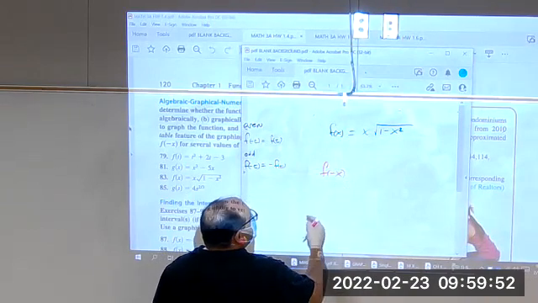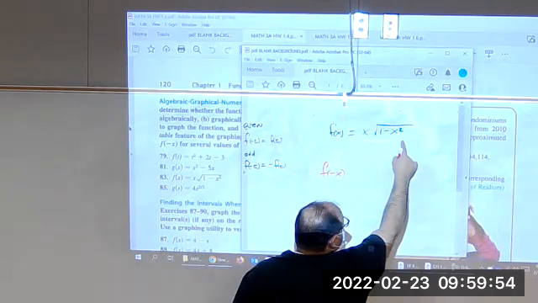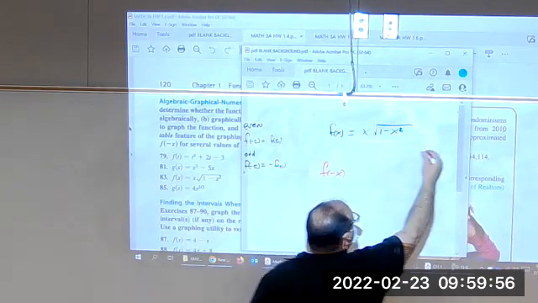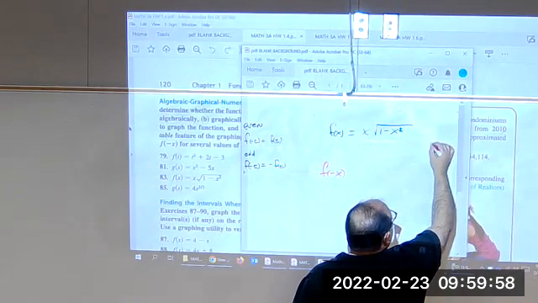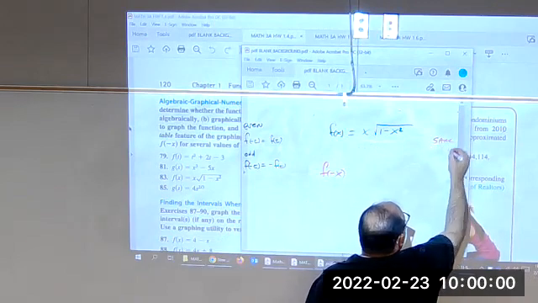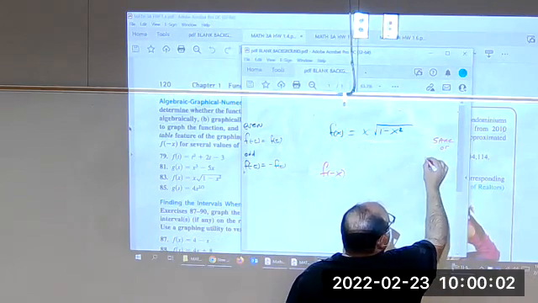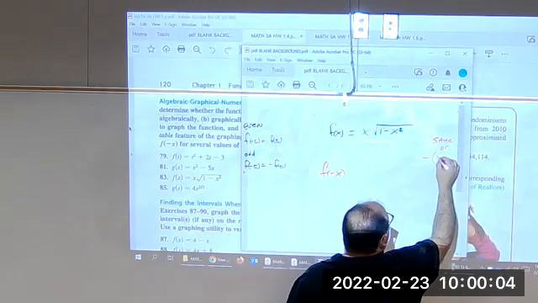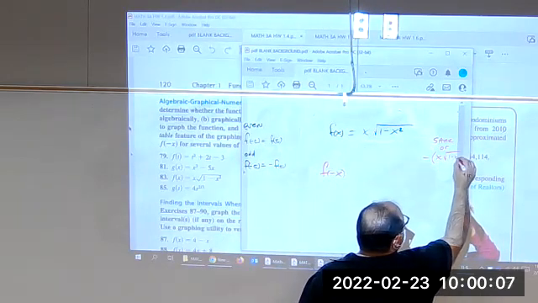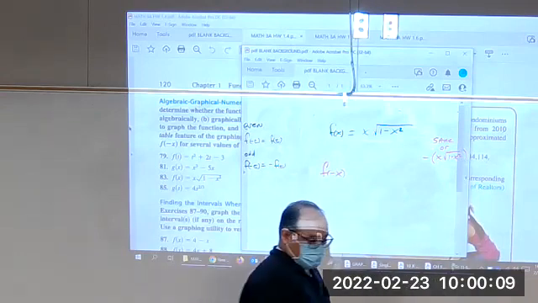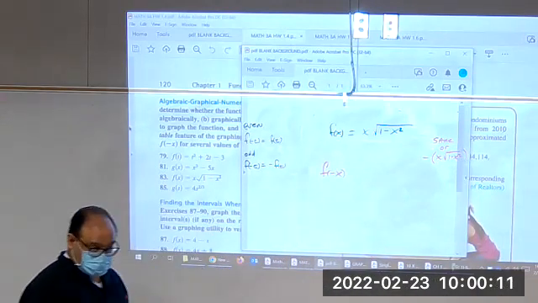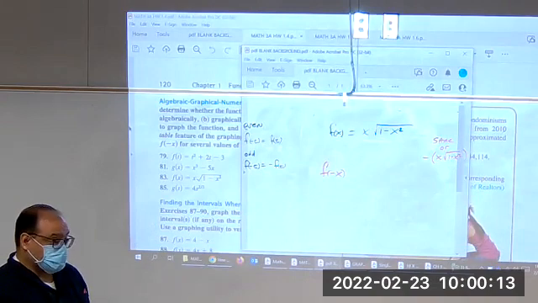So I'll either get exactly the same, or the opposite of x square root 1 minus x squared, the exact opposite. Okay? And if it's not one of those, it's neither.